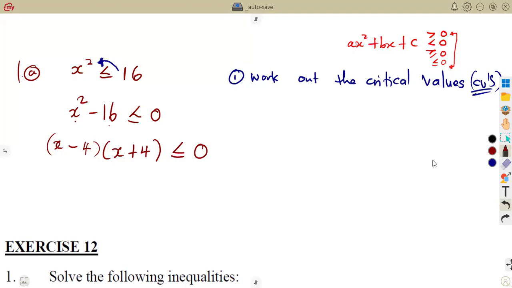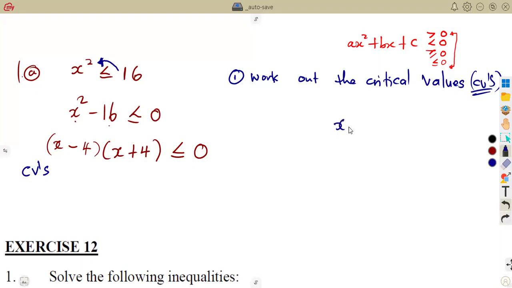So on the critical values, the ones that we need here, they are not part of the inequality. This is solving of an equation. So we are now solving this as an equation. So our critical values at the end, we are now saying x must be equal to what? The minus 4.